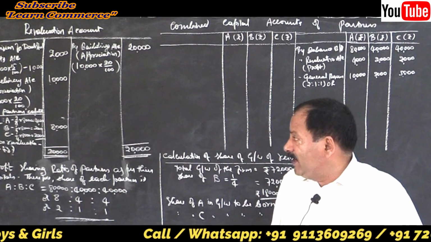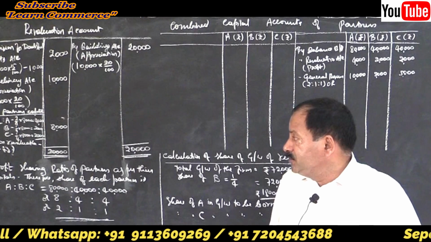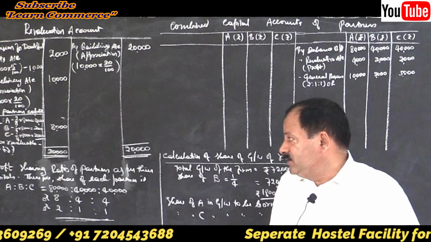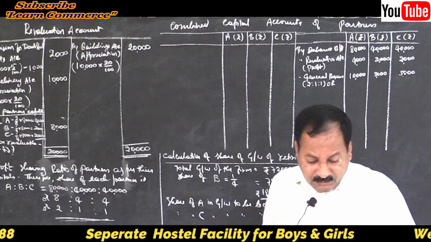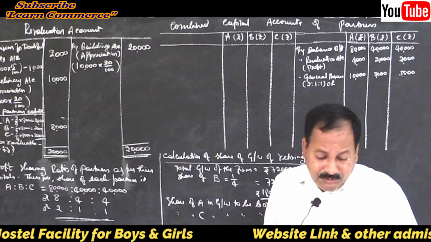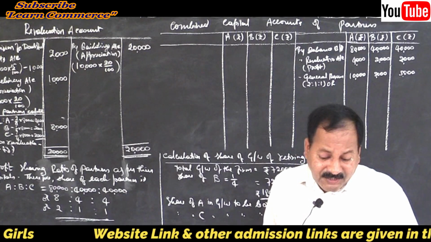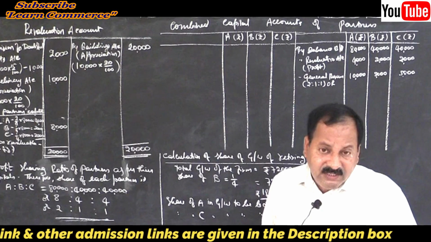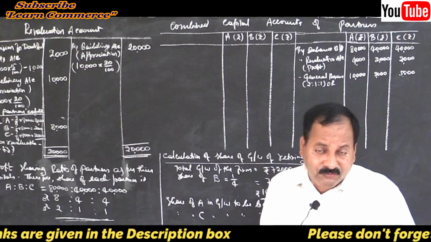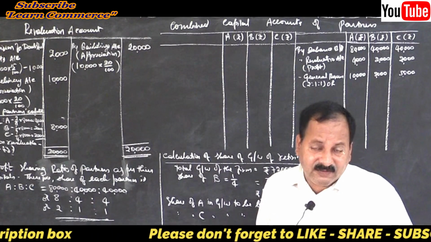What is the gain ratio? The old ratio is given in the problem, that is 2:1:1. So Amit and Chandru, it is 2:1, correct? The new ratio should be adjusted equally among continuing partners, that means equal, 1 by 2 and 1 by 2. Am I correct?